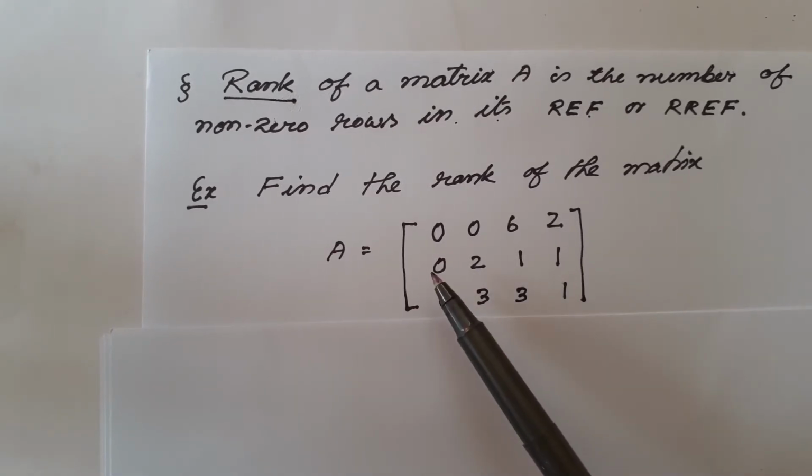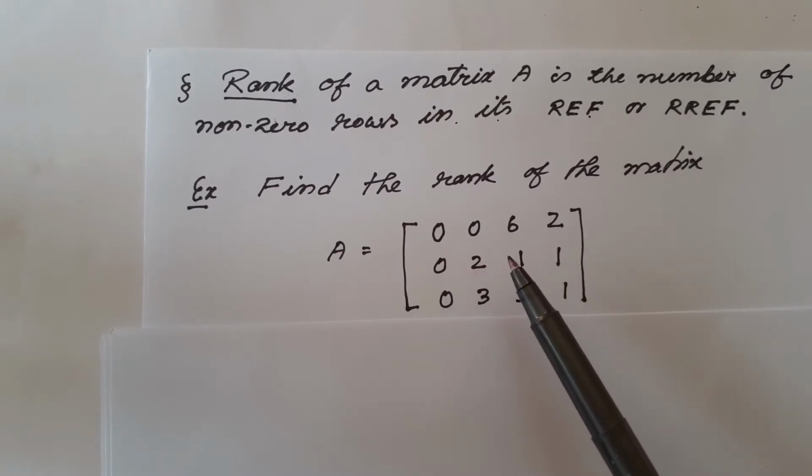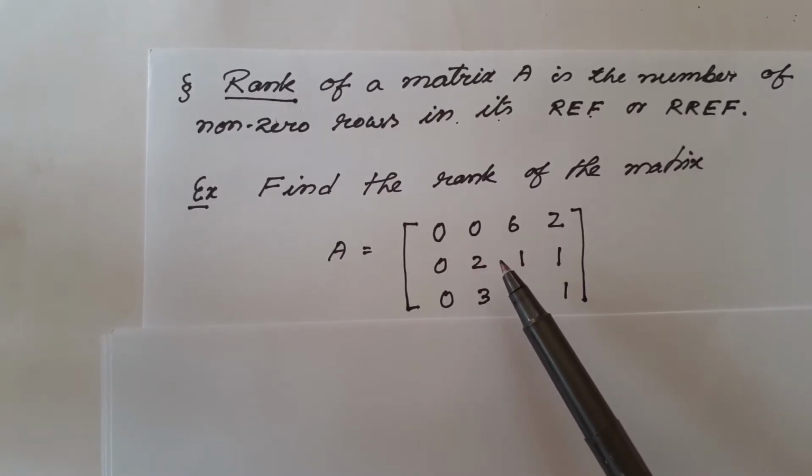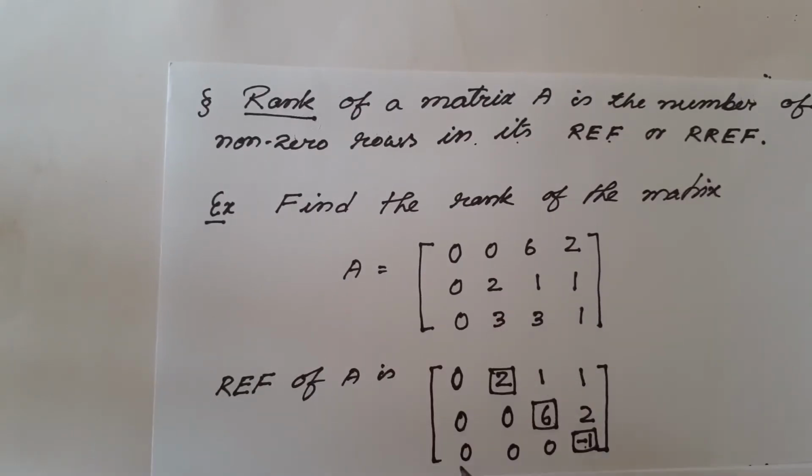Recall, we have already got the row echelon form of this matrix in our previous lecture. So if I want to get the rank of this matrix, first I have to reduce it to its row echelon form. Now its row echelon form is this.